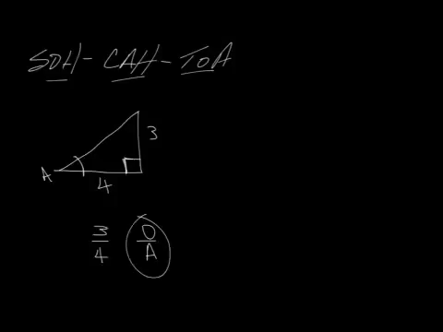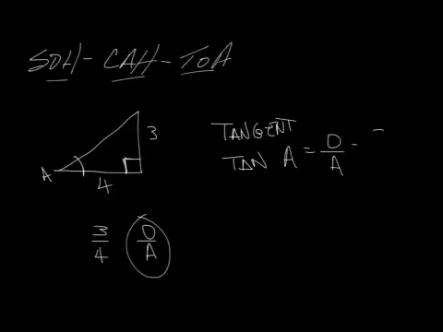For that relationship or that ratio is called the tangent. And we abbreviate tangent with TAN, tan. So the tangent, or the ratio, in order to find angle A, is based upon the opposite length over the adjacent length, or in this case 3 over 4. So the tangent of A is 0.75.